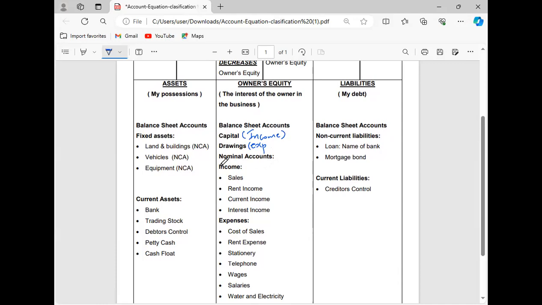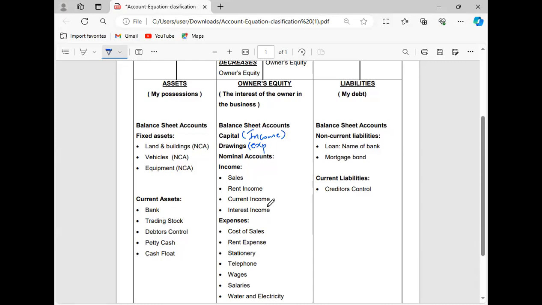The first incomes are illustrated as sales. If we are selling goods and services, known as our trading stock, then we are generating income in the business. Rent income, money received from our tenant, is also income in the business, and it will increase our owner's equity.